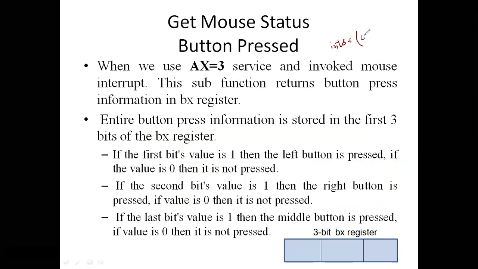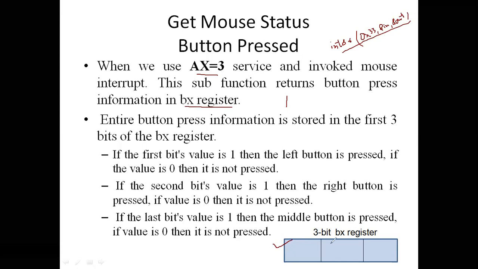With this we pass 0x33, the pointer to the input, and the address to the output. So an interrupt is generated. This subfunction returns button press information in the BX register. The entire button press information is stored in the first 3 bits of the BX register, so it is a 3-bit value.